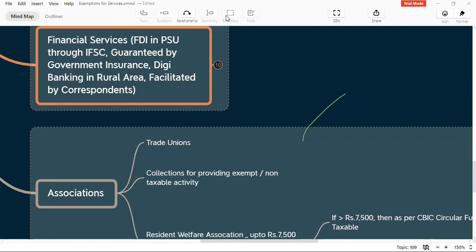So we have 50% people answered, 50% still, 70%. Still there are a few people who have not answered it. I request everybody to participate, it doesn't matter whether it's correct or wrong.